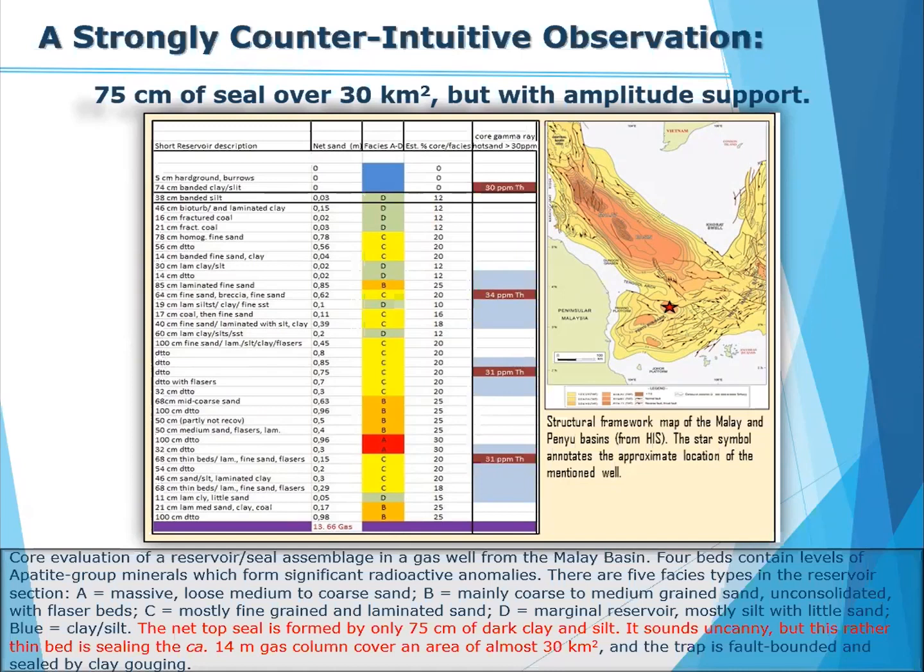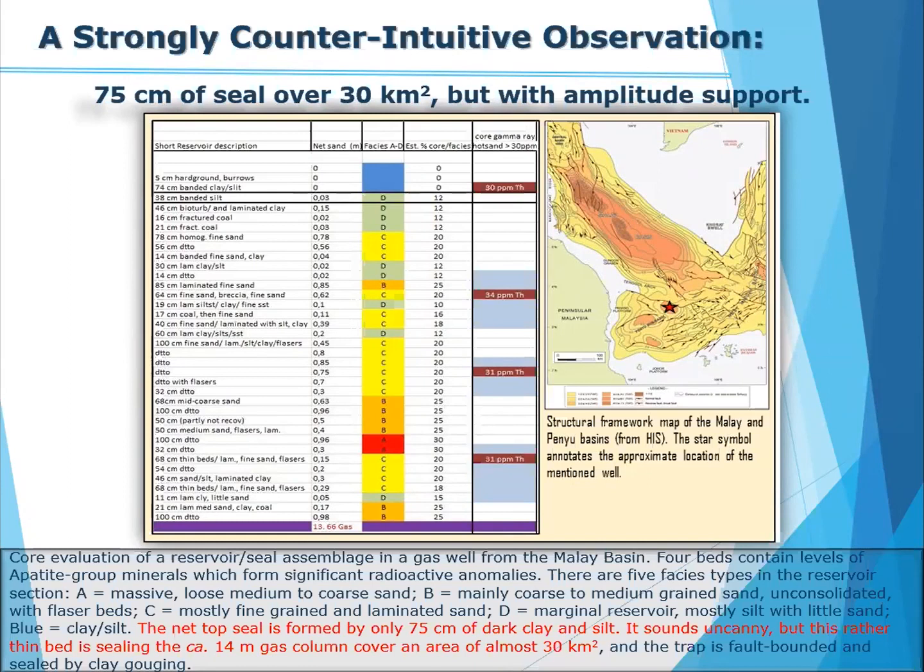And then there are some more shaly intervals in there, but given it's gas, it doesn't really seem to seal anything off. But very interesting is the question of where the seal for the hollow is and how thick it is. The answer is, it is probably only 1 or 2 meters of continuous clay. I put down 75 centimeters of seal.